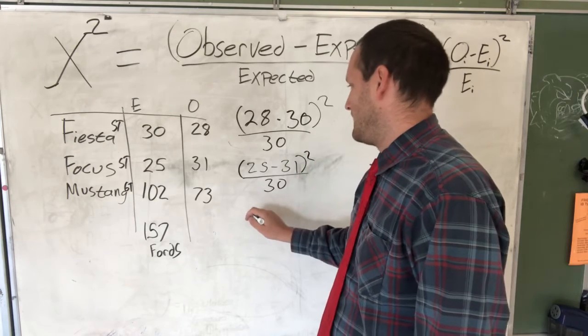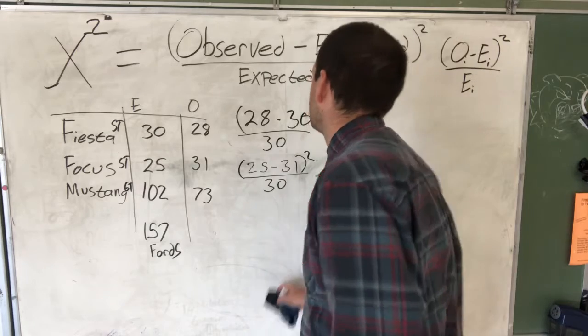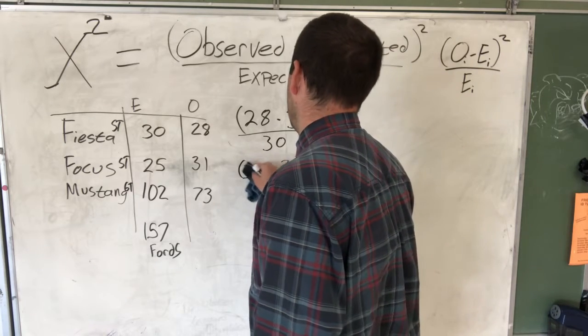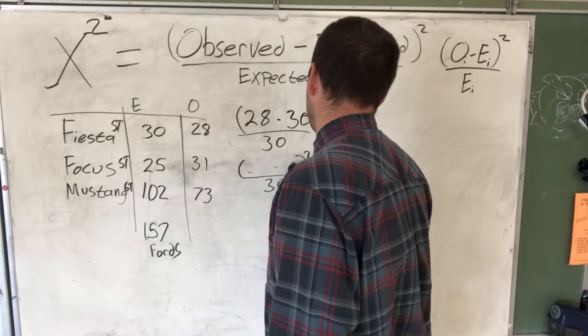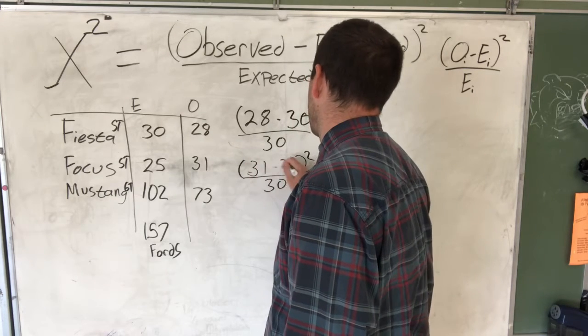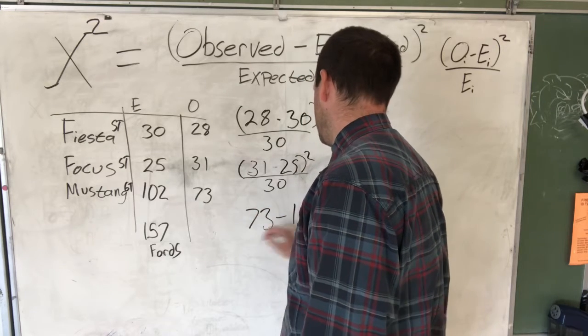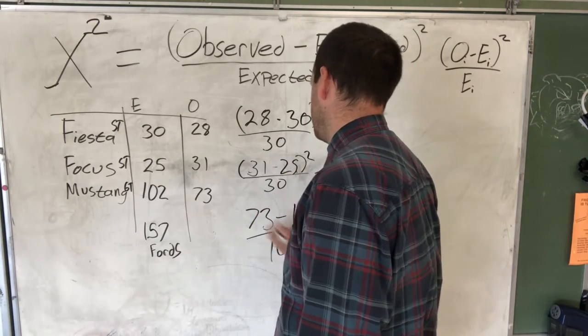Oh, I did that one backwards actually. It should have been 31 minus 25. And the last one is 73 minus 102 divided by 102. Square the top.